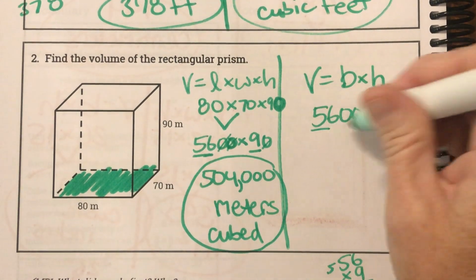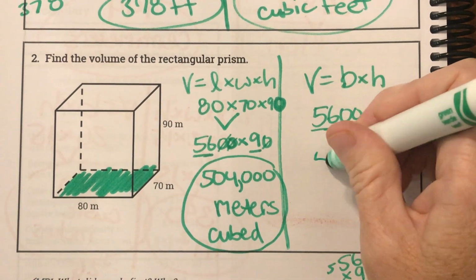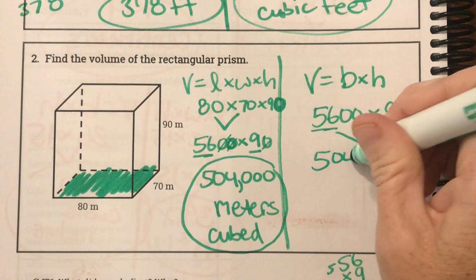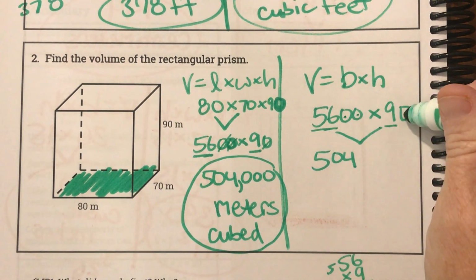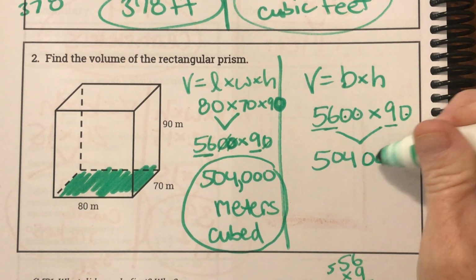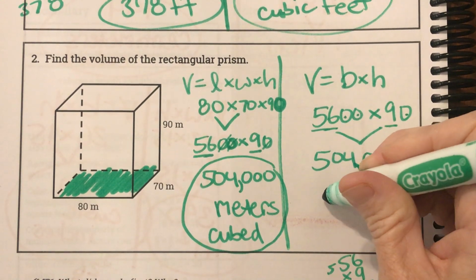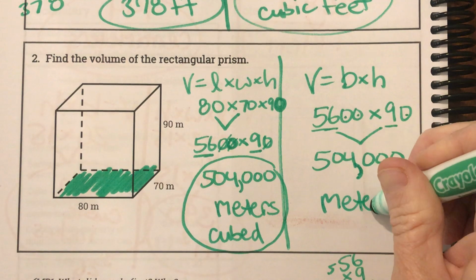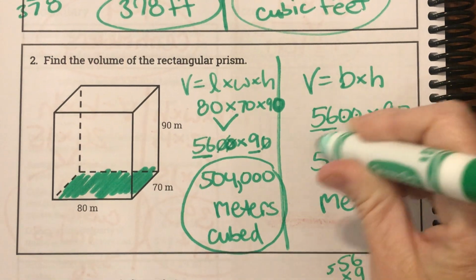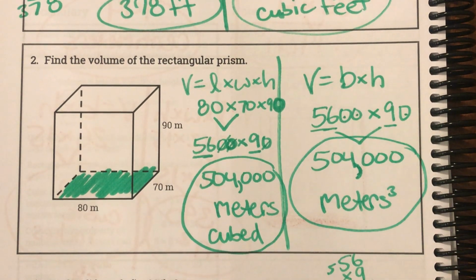We said 56 times 9 was 504, but then I had 1, 2, 3 zeros. So I'm getting 504,000 meters cubed. So this lesson definitely got more challenging because they were using much larger numbers than we've seen.